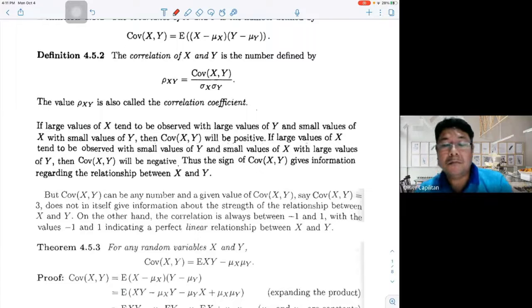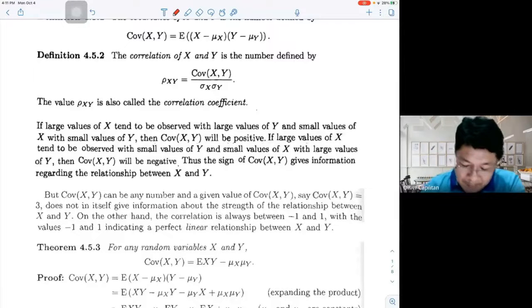Okay, so sa covariance, titingnan lang natin yung sign niya. We can get a value such as 3, but it will not give us information about the strength of the relationship.